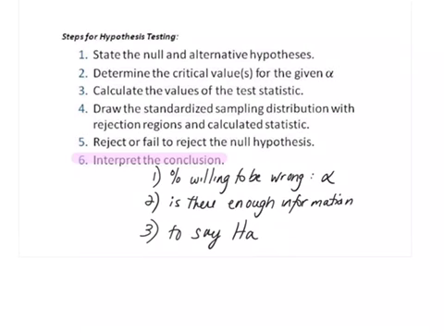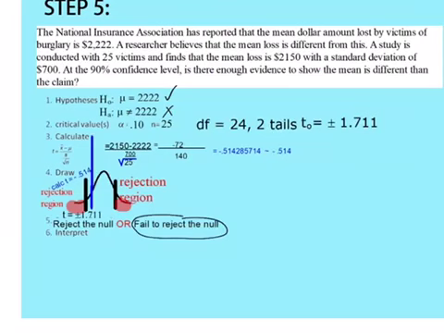For instance, let's look at the next problem. Here's our recap. My statement for the interpretation would say, at the 10% significance level, there is not enough information to show the population mean is different from 2,222.